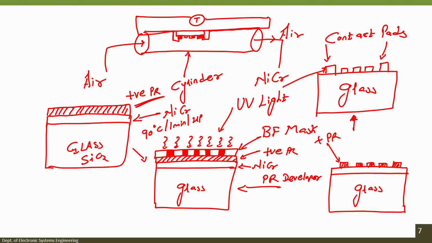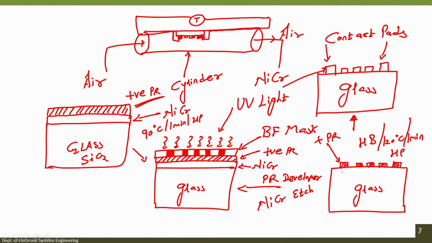What is the next step? After this I will have a hard bake at 120 degree centigrade for 1 minute on a hot plate. If I perform hard baking, the next step would be to dip this wafer in nichrome etchant. If I dip this wafer in nichrome etchant, what will happen?